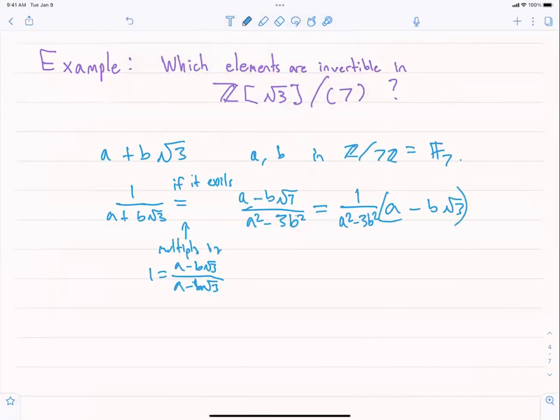So this is going to be good. The point is that a squared minus 3b squared is in Z mod 7Z, so it has an inverse as long as it's not 0.